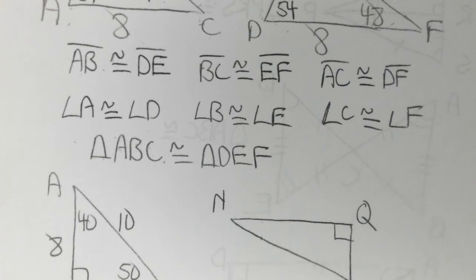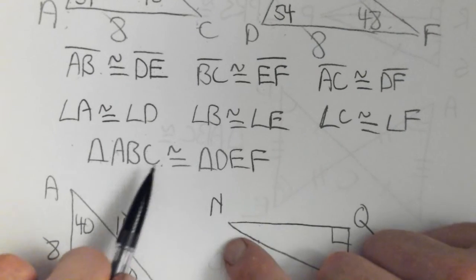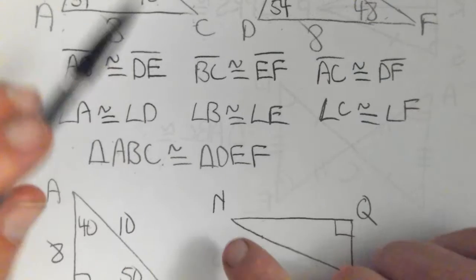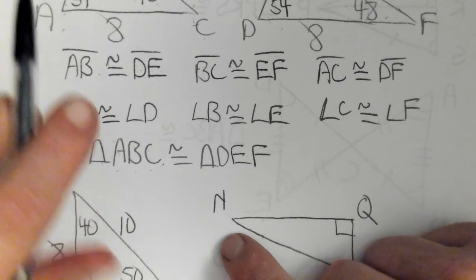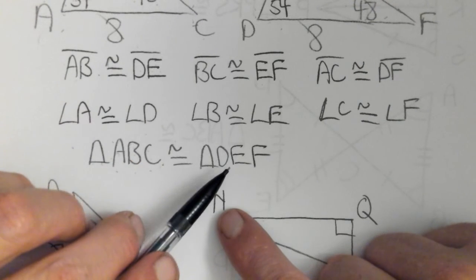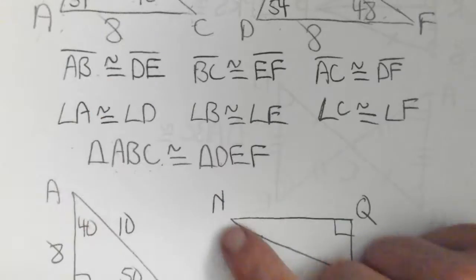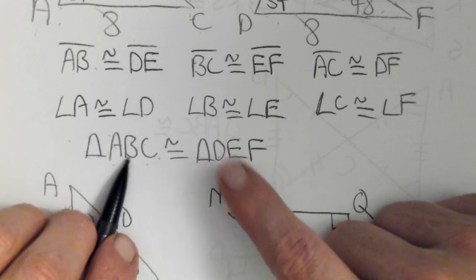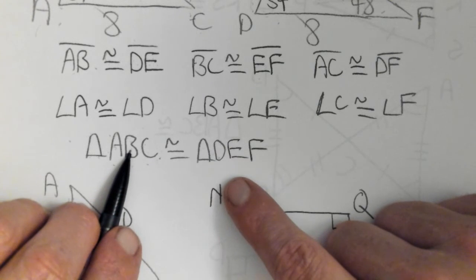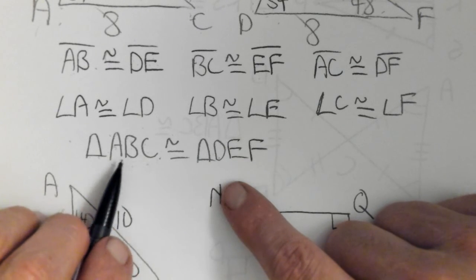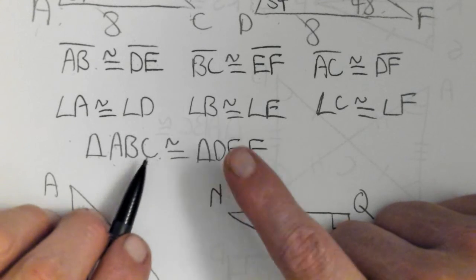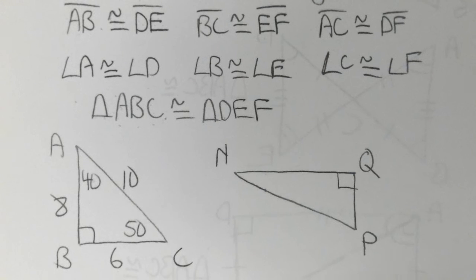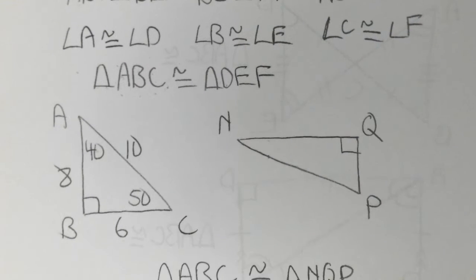Likewise, BC, 7, matches with EF, 7. AC, 8, matches with DF, 8. So the order that you write the letters in the triangle congruent statement will reflect CPCTC. It'll reflect what parts are congruent. Make sure you remember that moving forward.